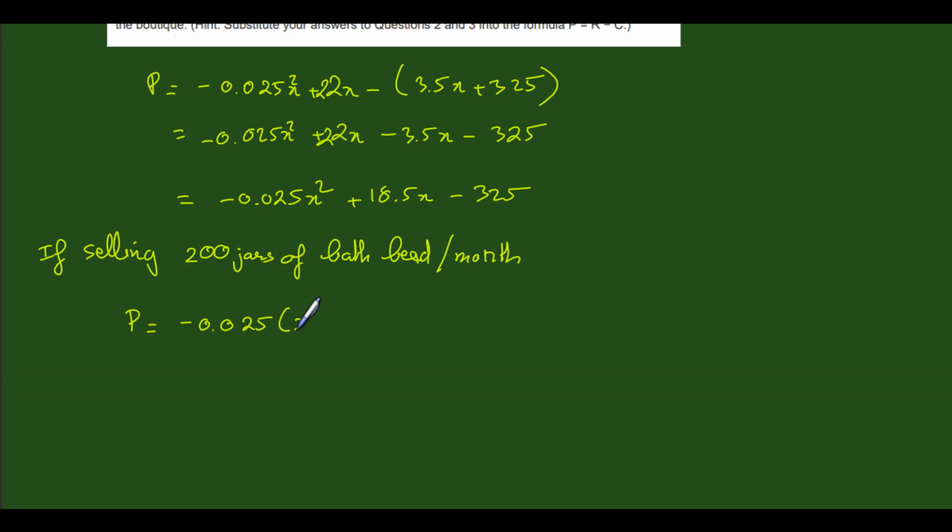So negative 0.025 times 200 squared plus 18.5 times 200 minus 325. You plug everything in, and it should give you the profit. The amount of money you make will be 2,375. This is the amount of money you put into your pocket after paying everything else.